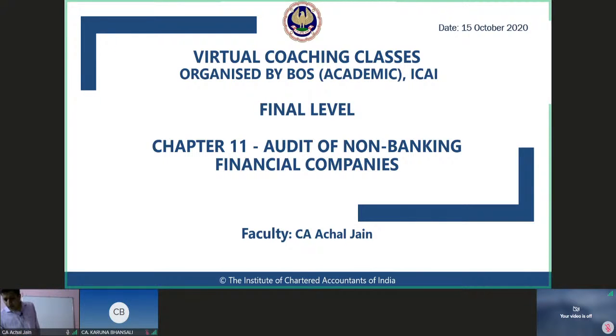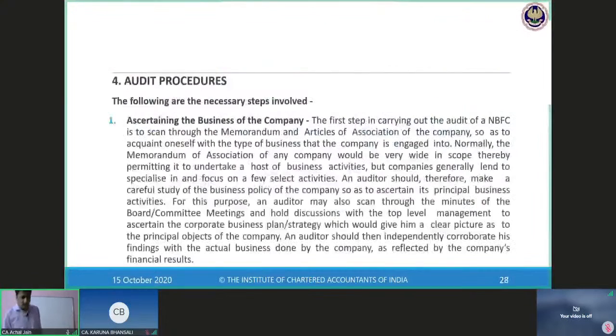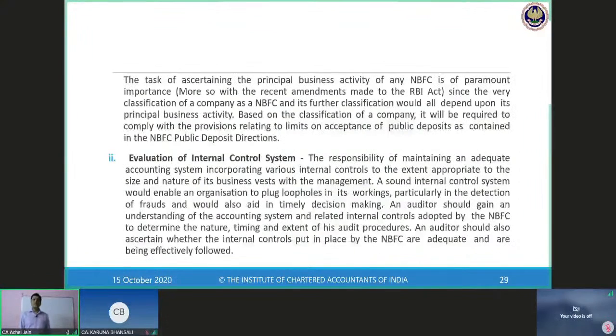Now, around these regulations which will require segregation of various advances into substandard, standard, loss or doubtful assets, this is something which is required to be done by the management, correct? So all of these things will be done by the management.